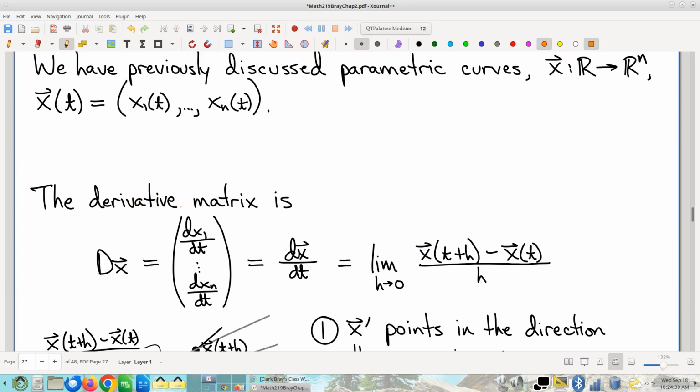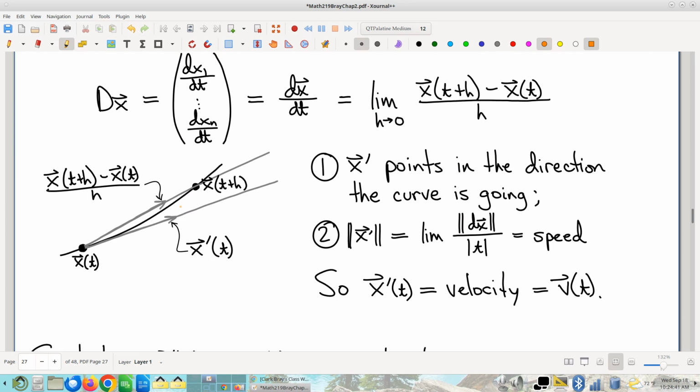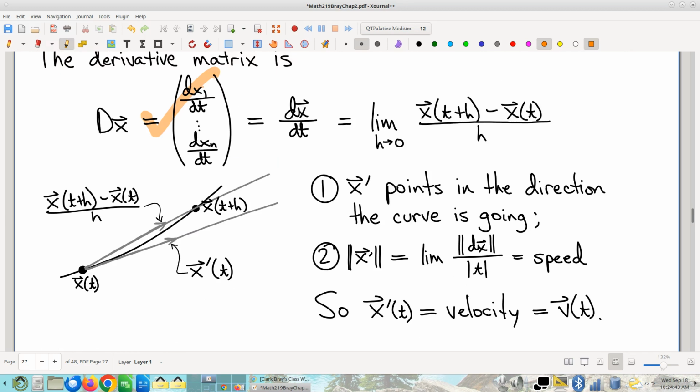So that noted, I can interpret the derivative matrix as a vector, and I can even show you geometrically how to interpret what that vector means. What does that look like on our parametric curve? And a lot of this is going to seem familiar. You've done parts of this before, certainly.